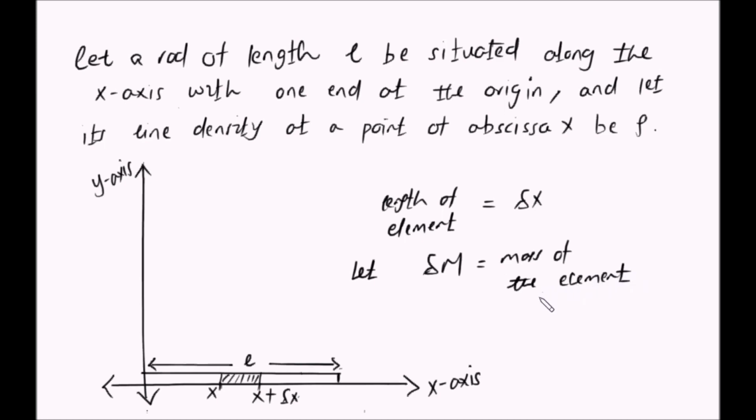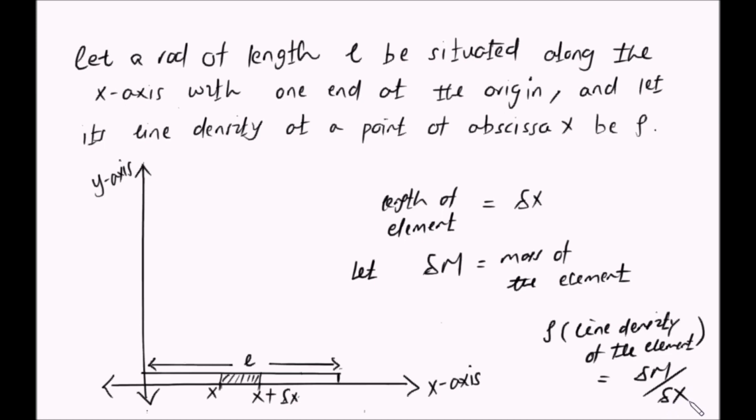Manake nini sasa? Manake ni kwamba remember line density tulisema ni mass per unit distance. Manake sasa rho, yani line density of the element, itakuwa sasa na mass ya element chini ya length ya element, like that.